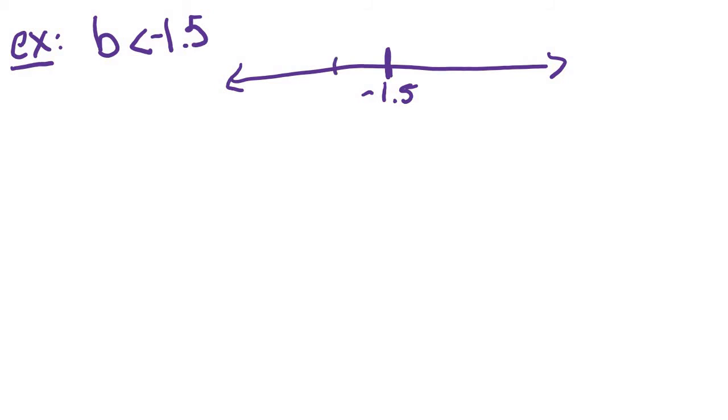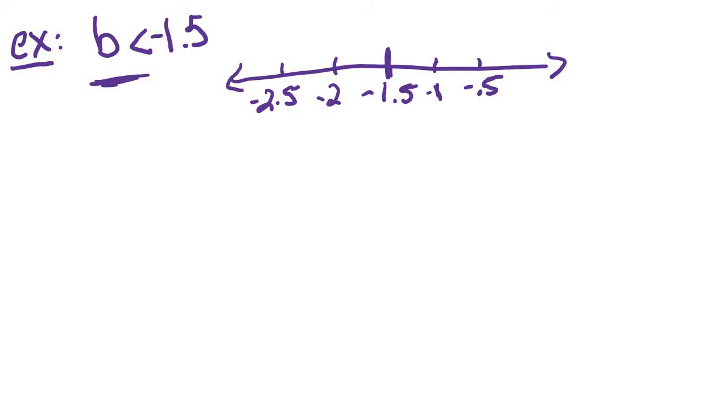To the left of negative 1.5, we'll have negative 2, negative 2.5. To the right, we'll have negative 1, negative 0.5.